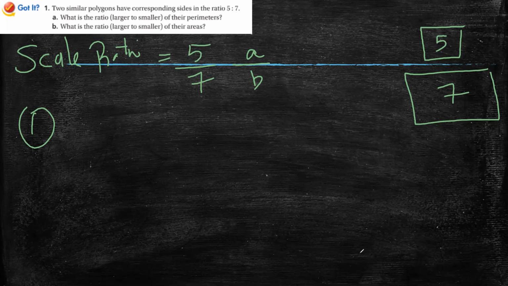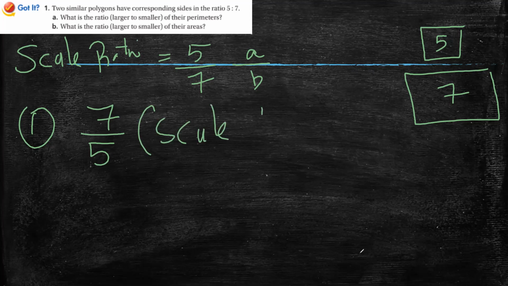In the previous one, he told me smaller to larger. Here, larger to smaller. So, Habiba, will the scale factor be changed? 7/5. Yes, because I said larger to smaller, the larger one here is 7 and the smaller one here is 5. So this will now be my new scale factor.